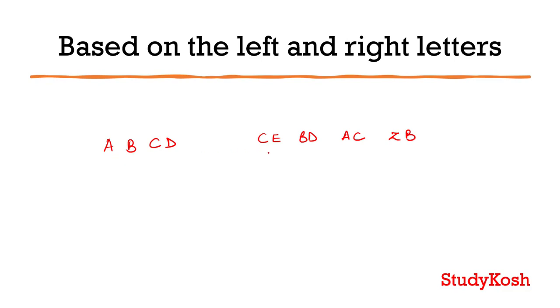So A is written as, let's say, CE. Is there any relation between them? AB, CD. So E. So we are not able to find out a relation as such.